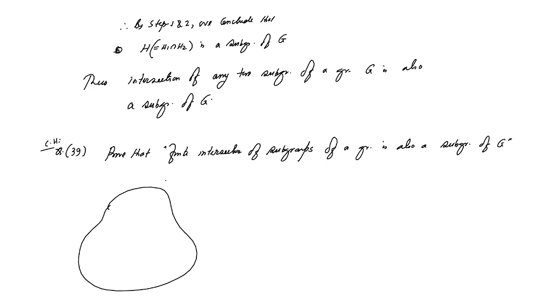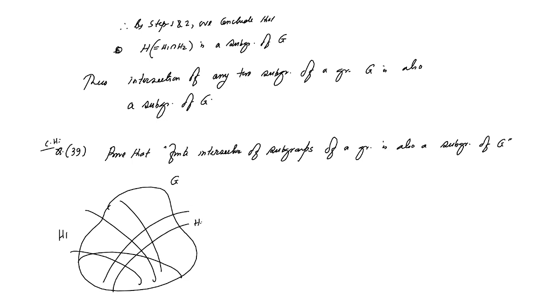So you are given a group and different subgroups H1, H2, H3, H4, H5, and so on up to Hn. We have to show that the intersection H1 intersection H2 intersection and so on up to Hn is a subgroup.